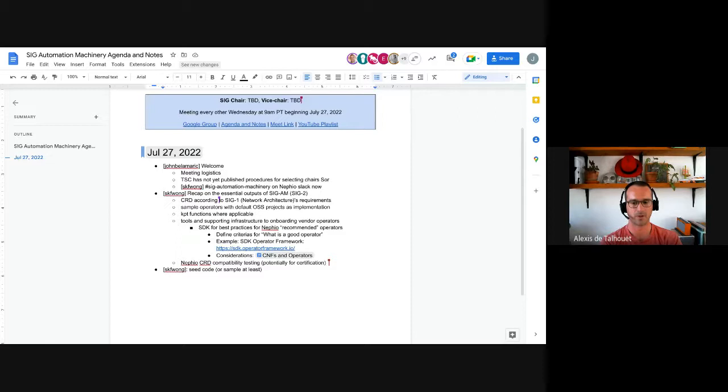So my question is really, a YANG versus a CRD, it's not the same purpose, but when we bring it into the Nephio ecosystem, there will be some commonalities. What's your opinion here as a group, and how will it impact down the road some of the decisions we make in this SIG?